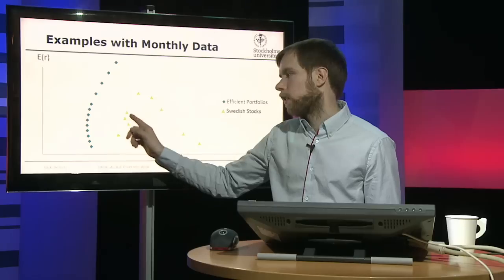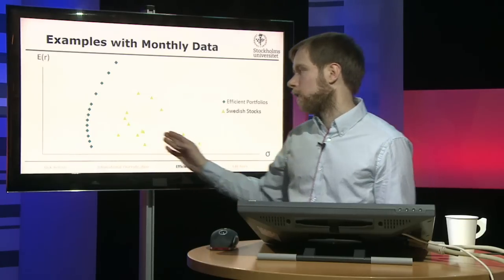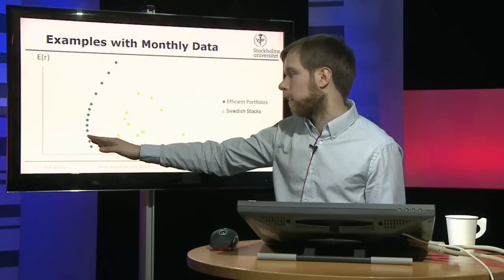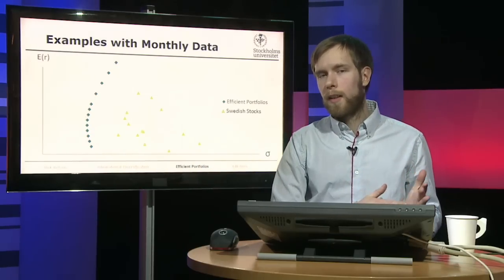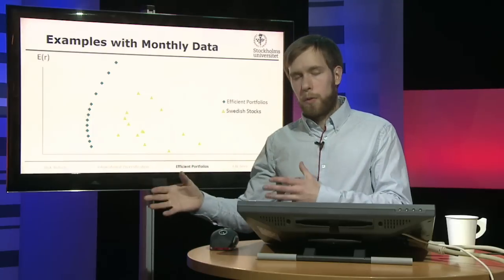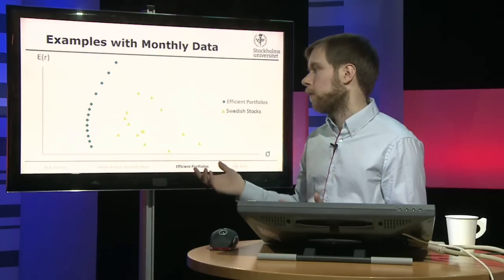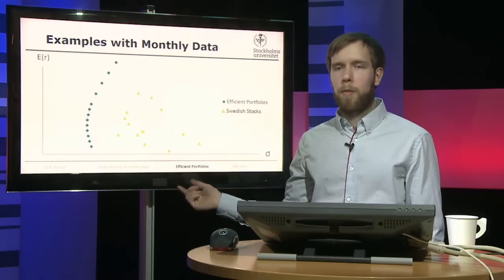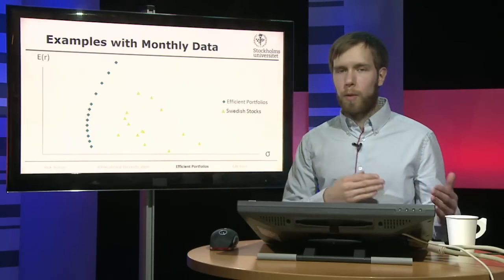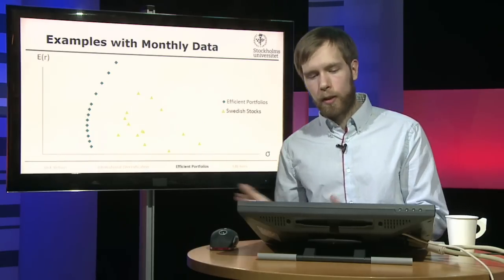They were placed very similarly to the least risky stocks. And the reason for that is, of course, that I've used historical information on how they move together in order to use mathematics to get the minimum variance portfolios given how they moved in the past. But the fact that they moved in a certain way before doesn't mean they're going to move in the same way in the future.